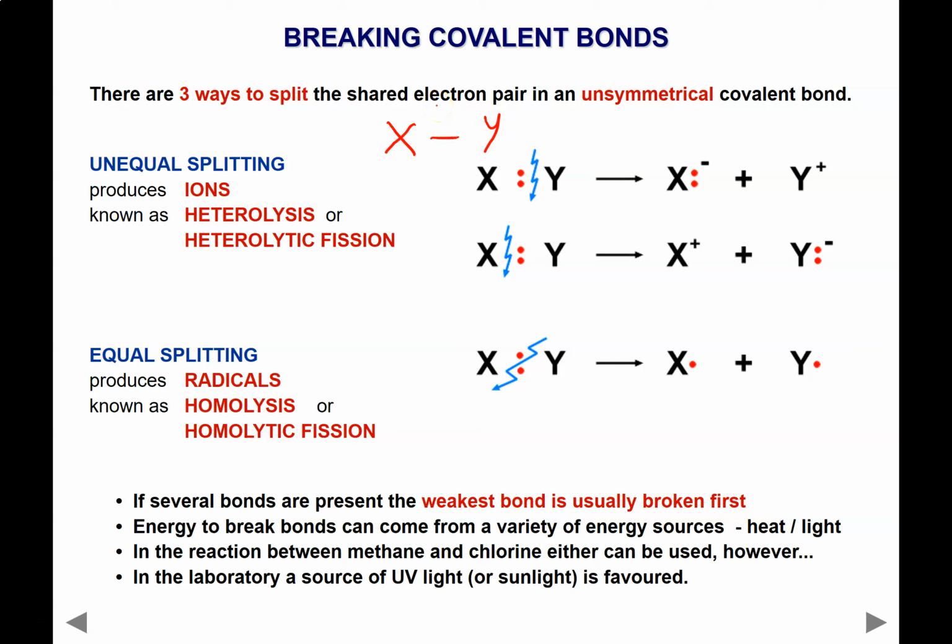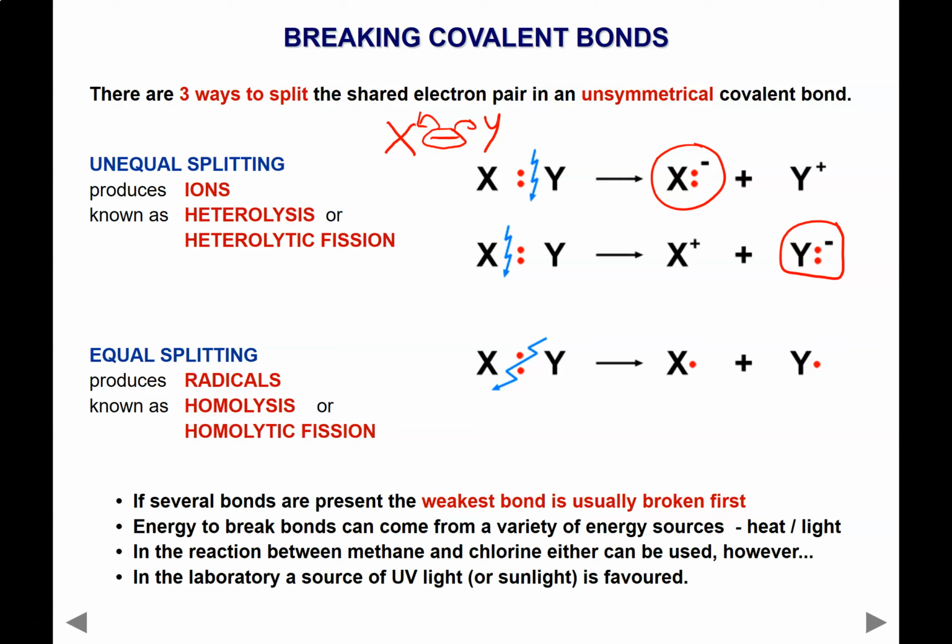In heterolytic fission, or heterolysis, the two electrons in that bond go with one or the other. In this first example, both electrons go with your X, so your X becomes negatively charged while your Y is positively charged. In the second example, both electrons go with the Y, so that becomes the negative ion, and your X is then the positive ion.